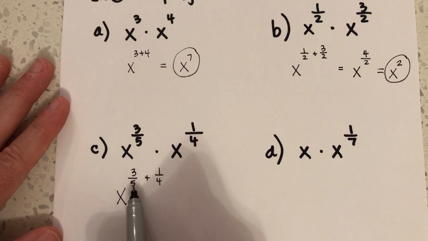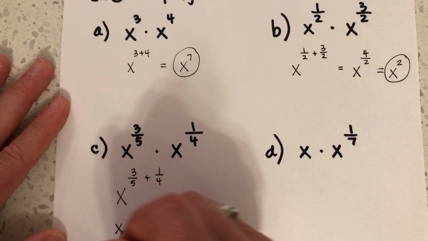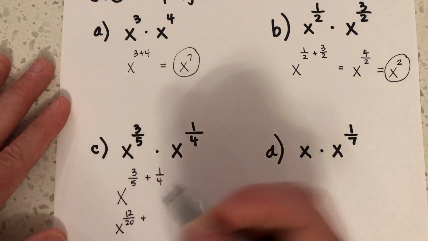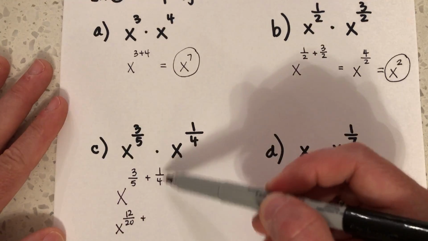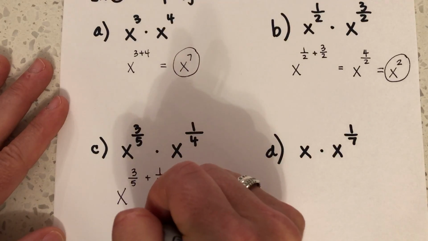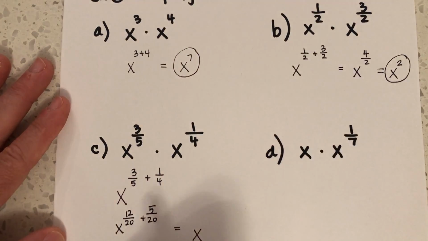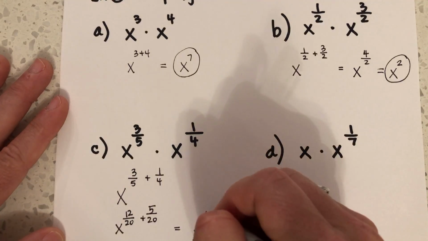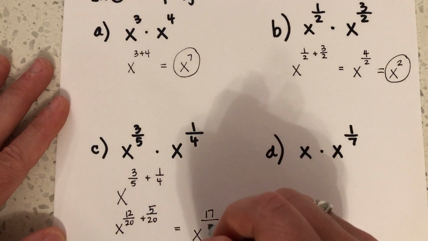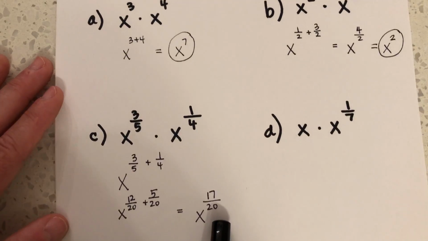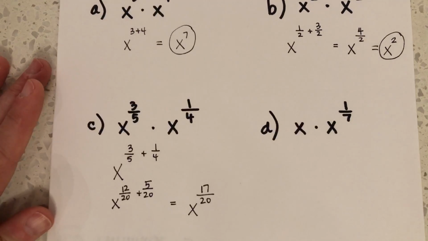To make this a 20, I have to times top and bottom by 4, so that's going to become x to the 12 over 20. Plus, to make this 20, I have to times top and bottom by 5, so that's going to be 5 over 20. Then it's going to be x to the 12 plus 5 is 17 over a common denominator of 20. If that fraction reduced, you'd want to reduce it, but it doesn't reduce, so you're fine.